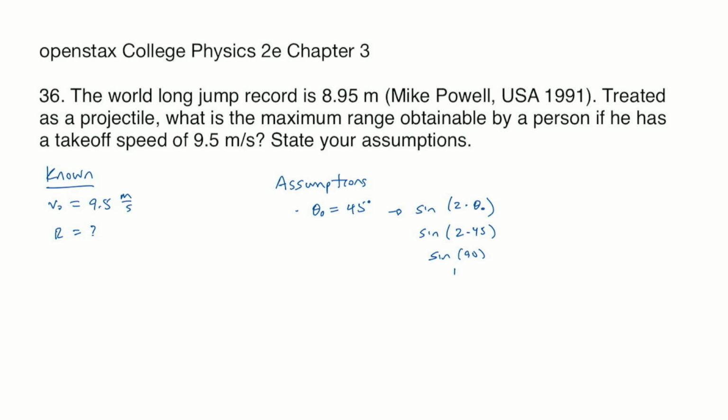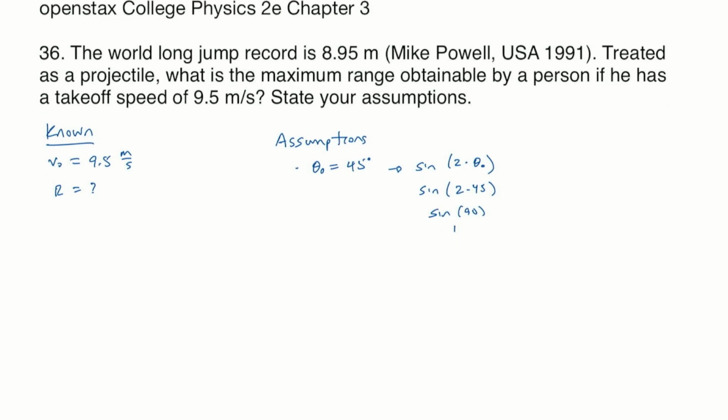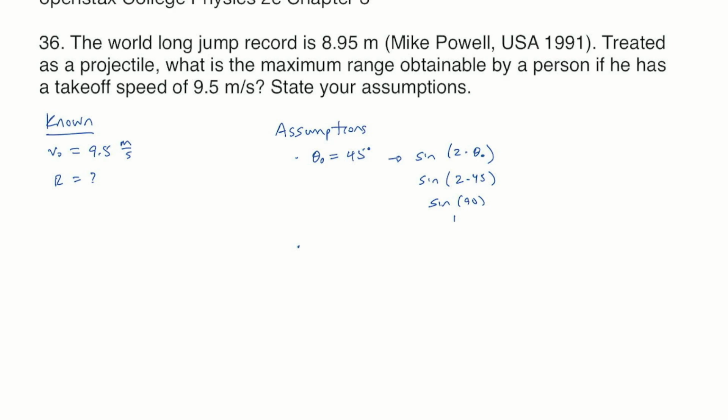So that is the maximum range we can get, when the sine of 2 times the angle is 1. All right, we will also assume that the ground is level, so that the starting and ending heights are going to be the same.